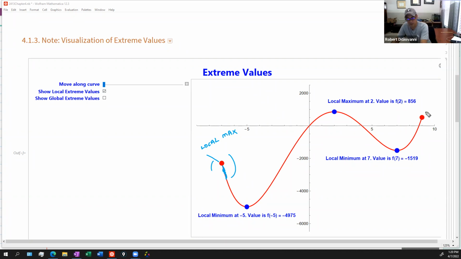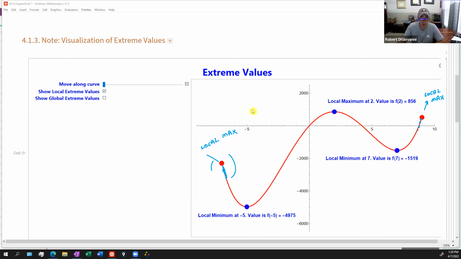And then this point over here would also be a local max, because if you look at the points around it, which are just the ones below it over here, it's higher than all those points. So what we really have in this picture are 3 local maximums and 2 local minimums. Understand? 3 local max, 2 local mins.